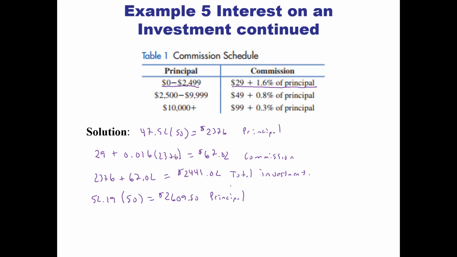All right, and now guess what? Our principal is in this other region. We started at the first one for what we bought it at, but now we're selling it at this one. So we have a different commission to pay.